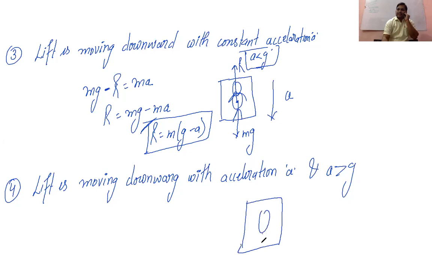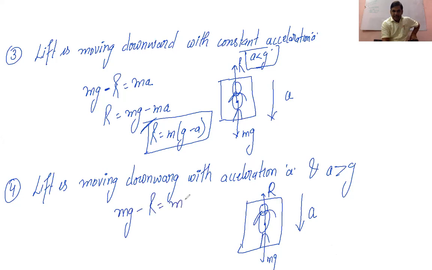Here, mg is vertically downward and the reaction force is vertically upward, and the lift is moving in the downward direction. You can say this a is greater than g. Once again, we'll write the equation: mg minus R is equal to ma, so R is equal to m(g minus a).